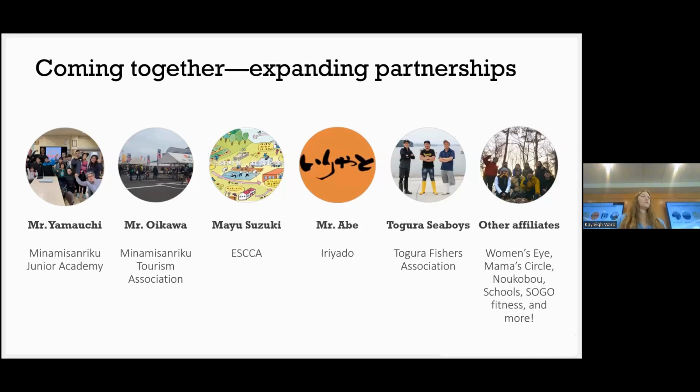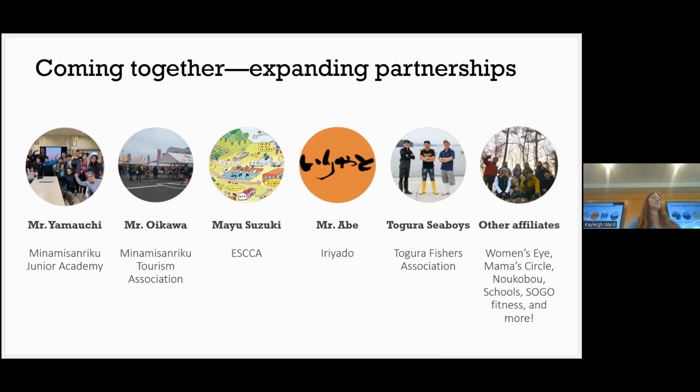So I had those 3 original partners, and then we rapidly expanded as we realized that we were kind of biting off more than we could chew. And so we had a community task force that appeared, which some of the people from these organizations were part of. And I just want to mention them briefly. So we have Mr. Yamauchi from Minami Sanriku Junior Academy.